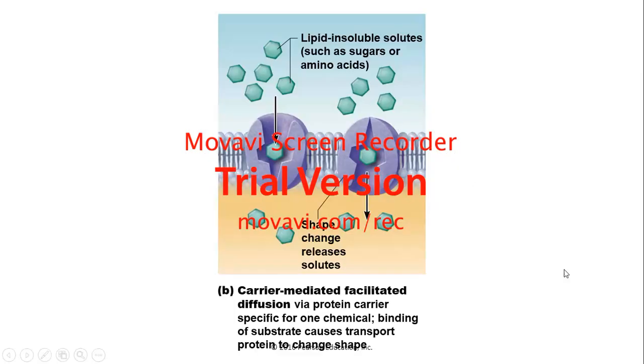The right amino acid binds to this carrier protein only after the right one binds. Then it's going to change shape, and then it's going to allow that amino acid, that sugar, to go within the cell. They're very specific for one substance.